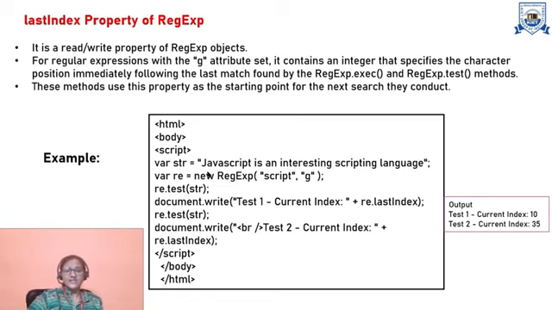So we can count for the first script, because it is from the starting. It will start from index 0, 1, 2, 3, 4, 5, 6, 7, 8, 9, and after this 9, at index 10, the match of script finishes.